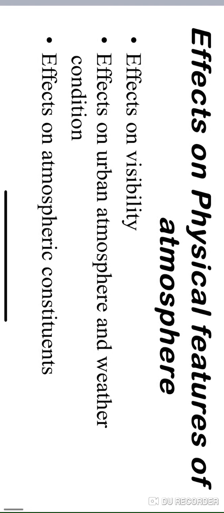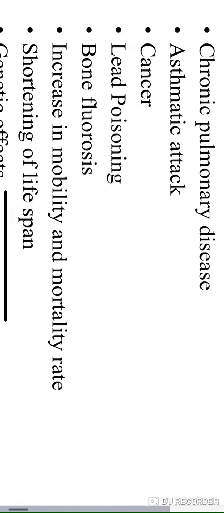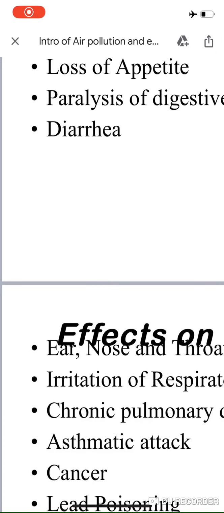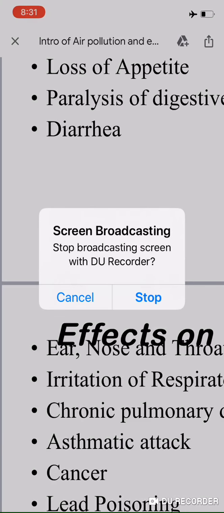Smog is nothing but the presence of smoke plus fog together, reducing the visibility of that particular area. Then effects on urban atmosphere and weather conditions, and effects on atmospheric constituents. So such different effects are observed on the human body, along with the atmosphere.